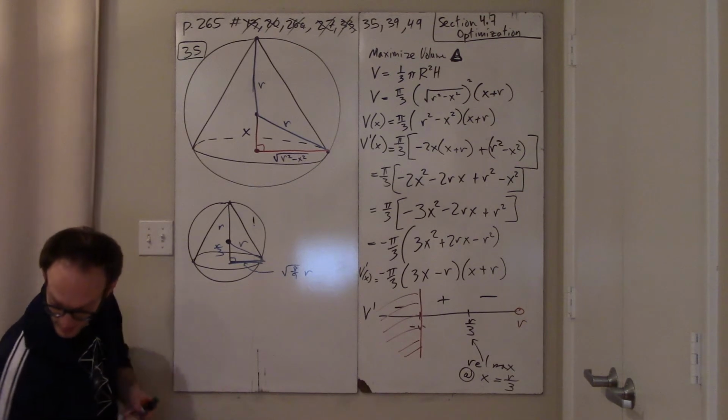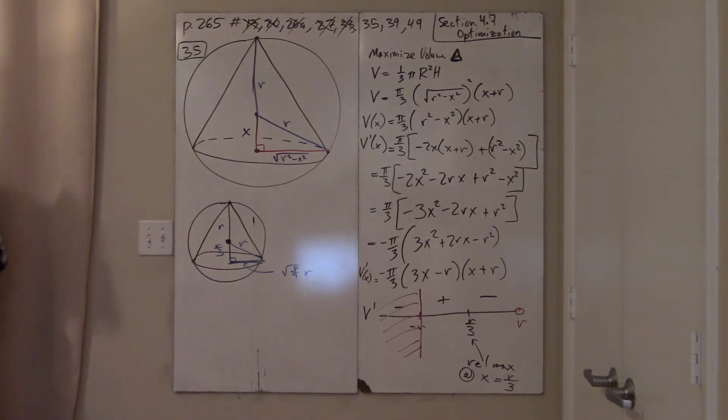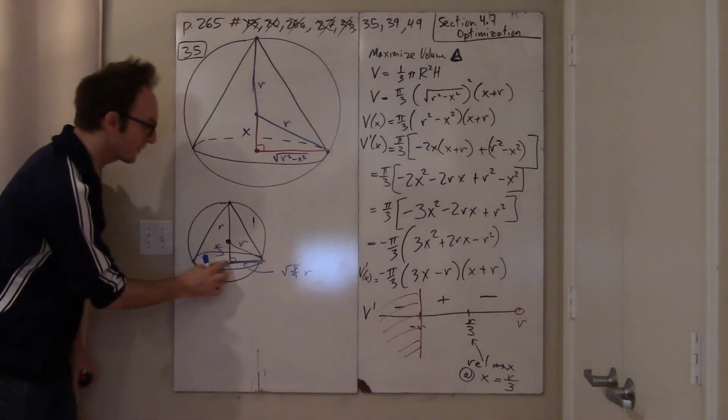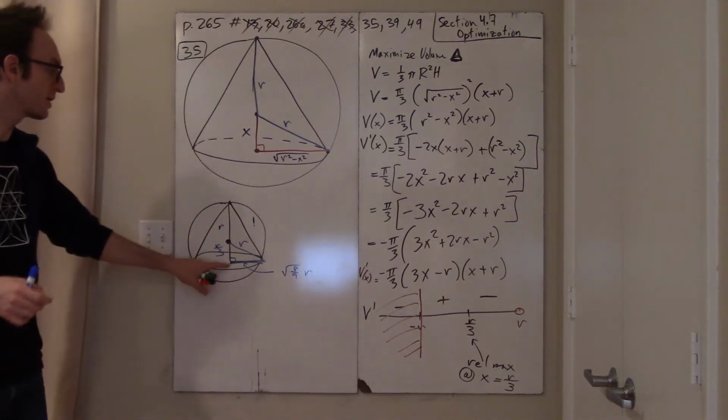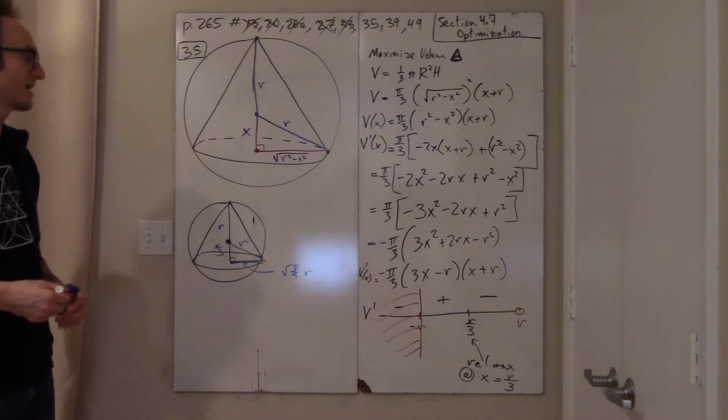And so, let's see, what was the problem? There are many different ways you could ask for the answer to this problem. One way is, what are the dimensions of the cone which maximize the volume?